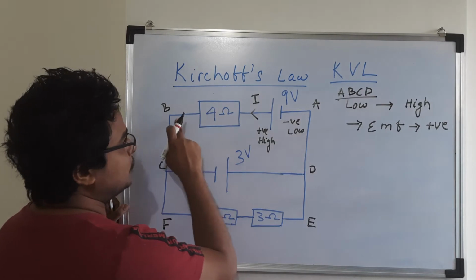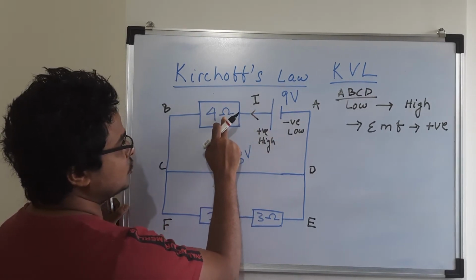So you are moving from A to B. I amount of current is passing through 4 ohm.